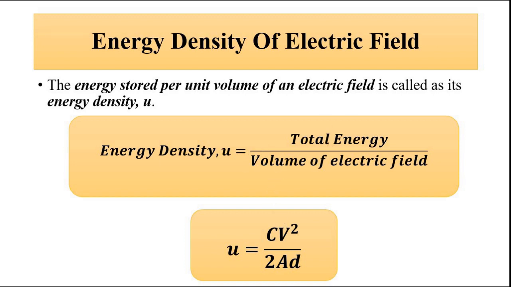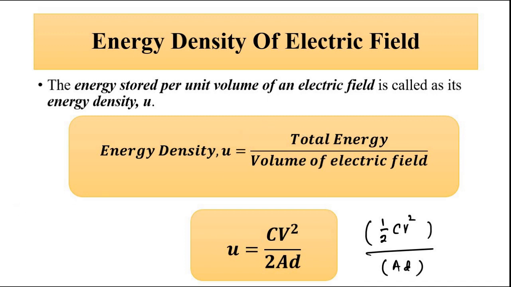Here the total energy is equal to 1/2 CV square, and the volume of the electric field is equal to A times d. So 1/2 CV square, the total energy, divided by the volume of the electric field, A d, becomes the energy density of the electric field of the parallel plate capacitor.